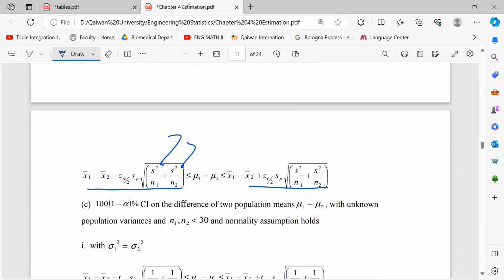When you memorize these rules, you could make a relation between the rules to not memorize all the rules. You could write down one based on the other one. For example, this one based on the previous one. If you know the previous one, just inside the square root, add s squared in the numerators, you get this.